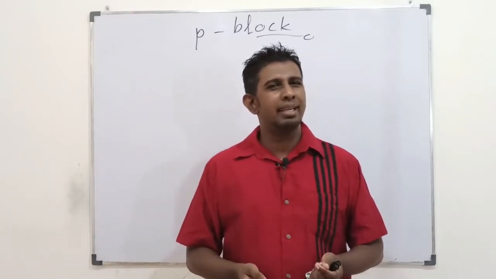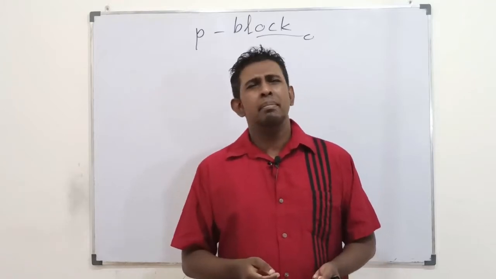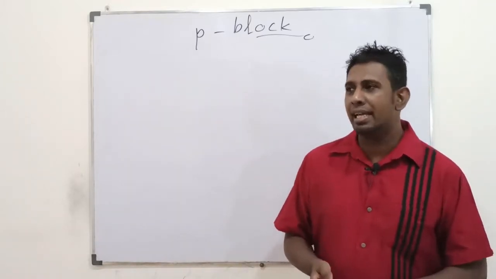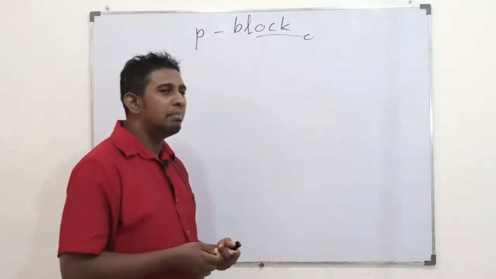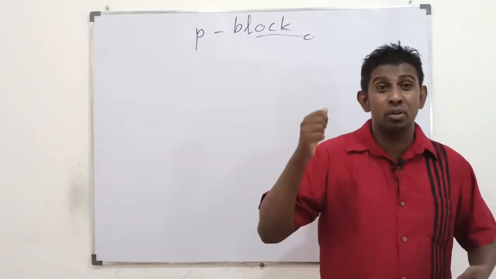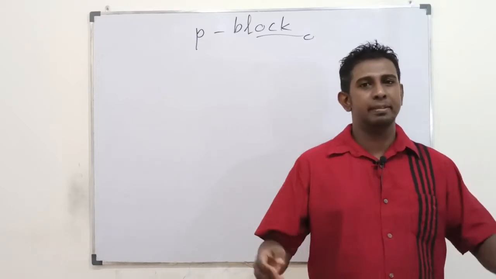Do you know what exactly this metallic, non-metallic character stands for? Metals have some unique properties: metals could conduct electricity as well as heat. Metals are ductile, malleable, emitting a sonorous sound when you beat on them. And metals have metallic luster as well.